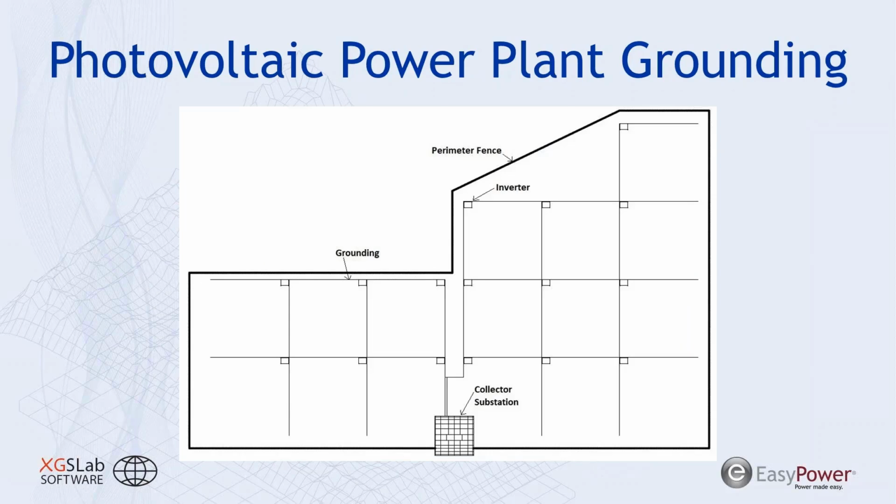So now we're familiar with some of the definitions of a grounding analysis. Let's look at an example of a photovoltaic power plant grounding system. Here is an example of a unified system where our PV arrays are all contained within one area, surrounded by this perimeter fence.